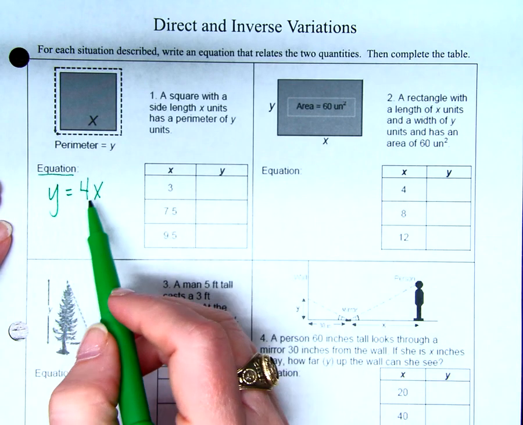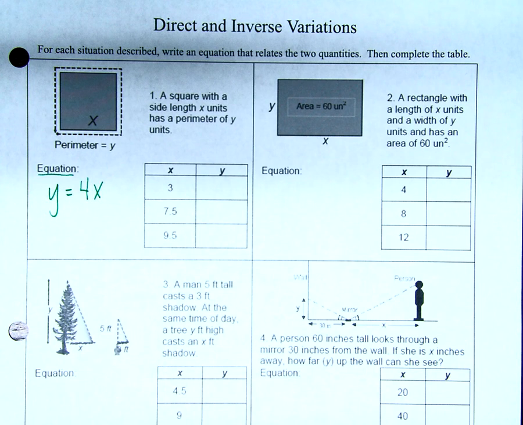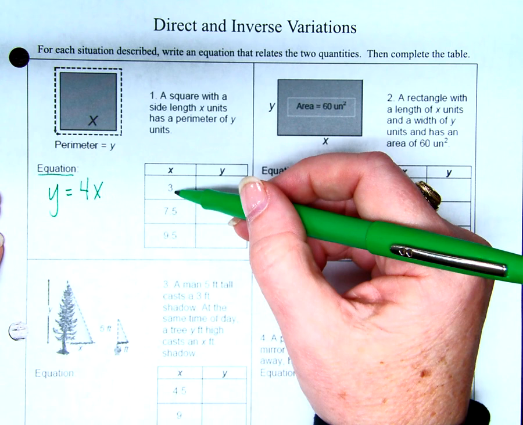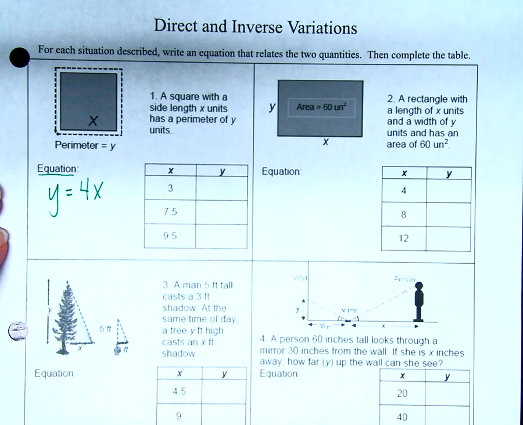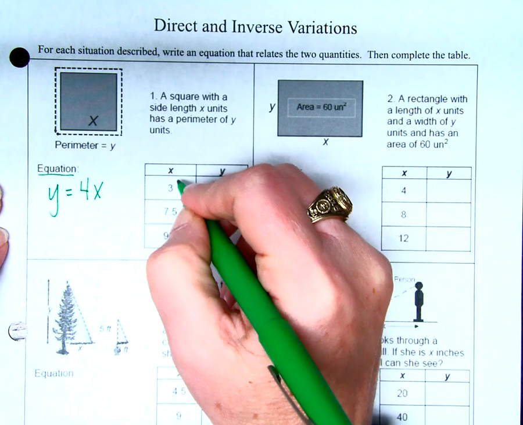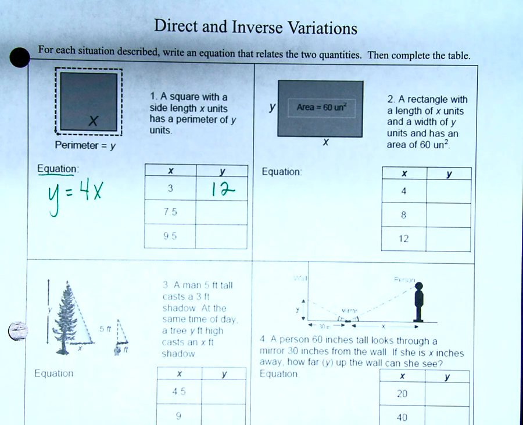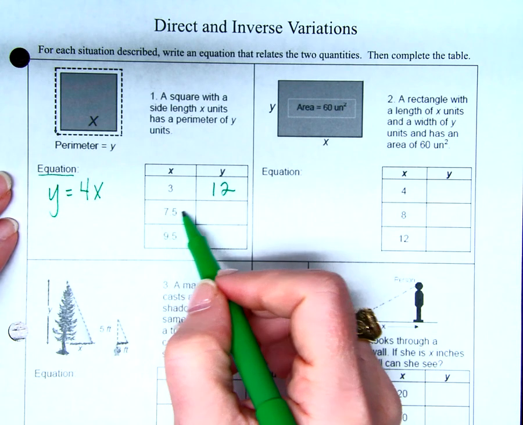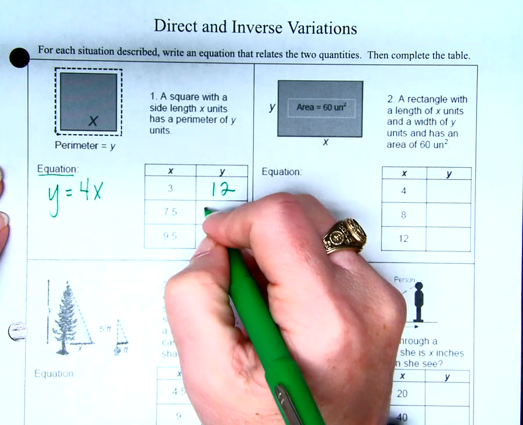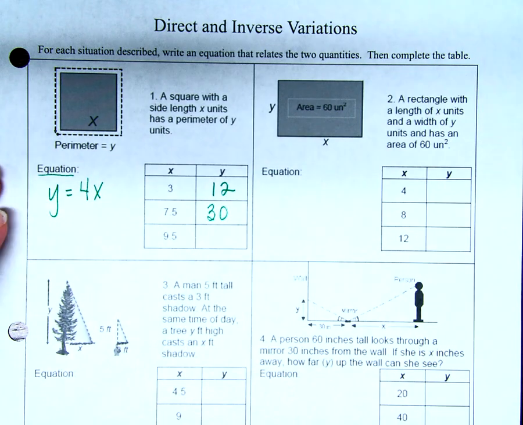Well, if y equals 4x, if you haven't grabbed your calculator and put it on your desk yet, you need to do that quickly. If y equals 4x and x equals 3, what is y? 12, right? Because 3 times 4. If y equals 4x and x equals 7.5, what is y? 30.